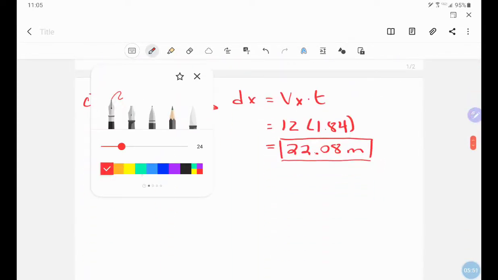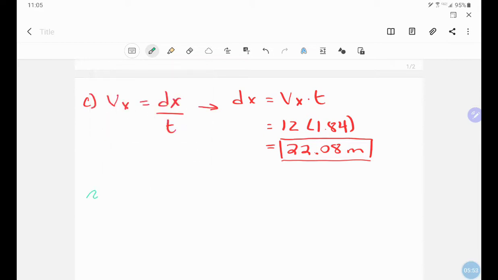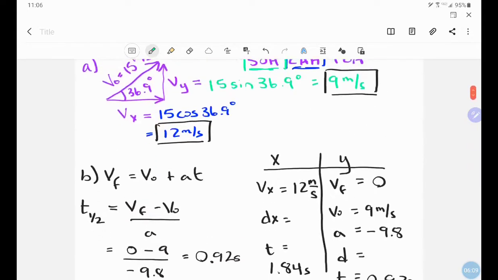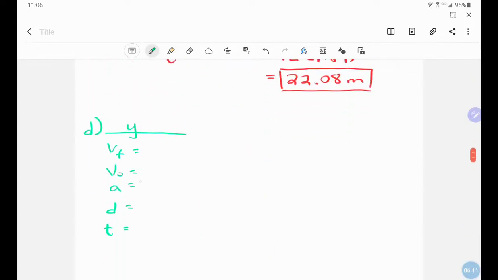Part D, this is what is the maximum height. So for part D, we need to look at the vertical information again. So here is y, vf, vo, a, d, and t. Initially, vertically, the projectile was moving at 9.